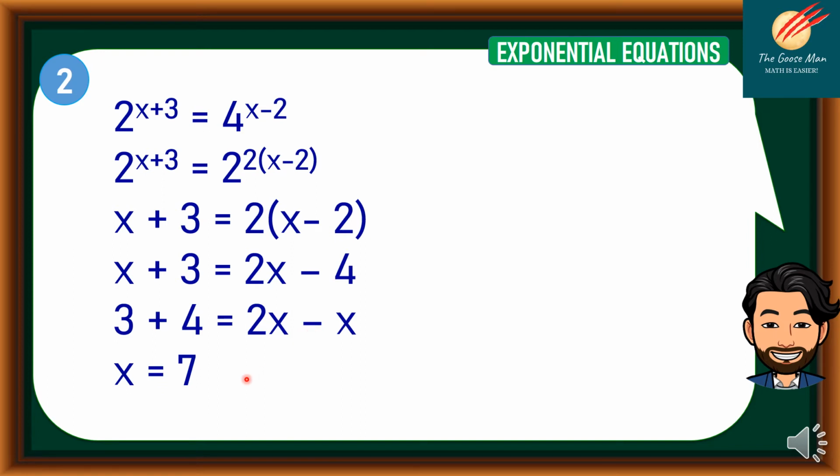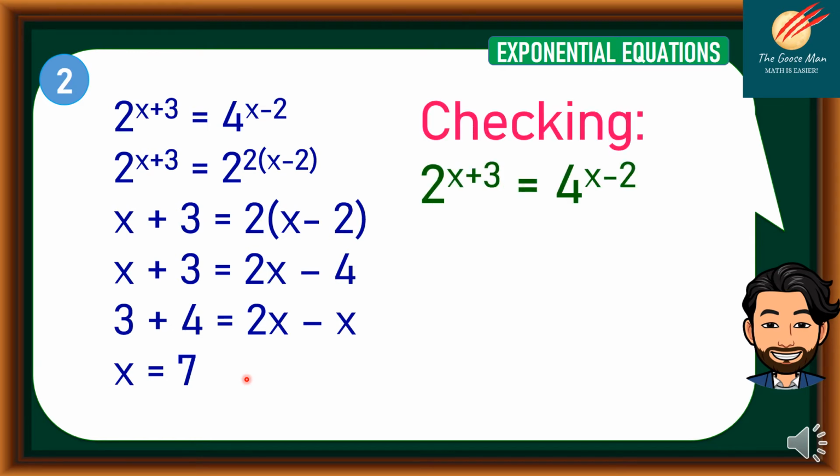To verify whether my answer is correct or not, I'll check that using the original equation of 2 raised to x plus 3 is equal to 4 raised to x minus 2. Substitute the value of x, which is equal to 7. So I have here 2 raised to 7 plus 3. Is it equal to 4 raised to 7 minus 2?